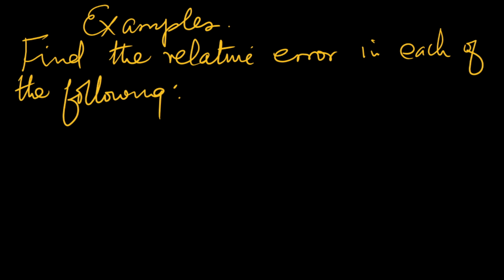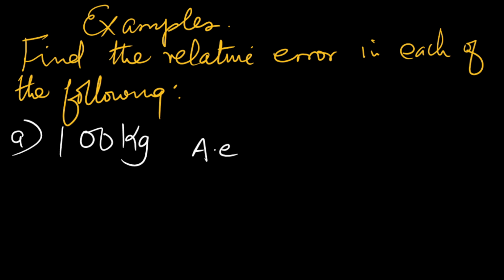Let's look at some examples on how to find the relative error. Find the relative error in each of the following. The first one, 100 kg. The first thing you do is find the absolute error in 100 kg. Absolute error is given by a half times the least unit of measurement, which in 100 kg is 1 kg.